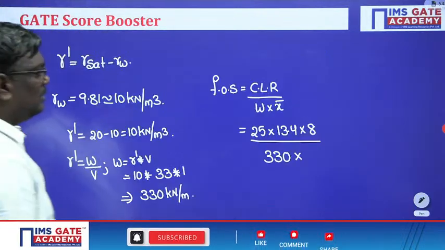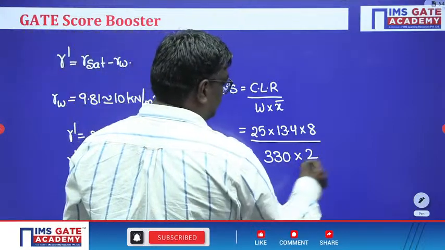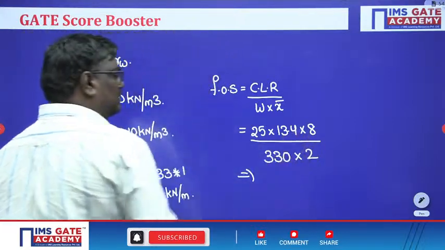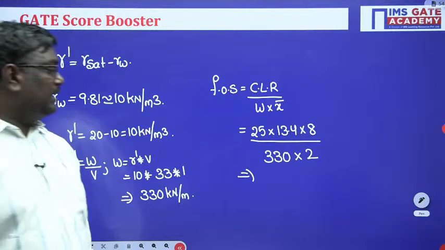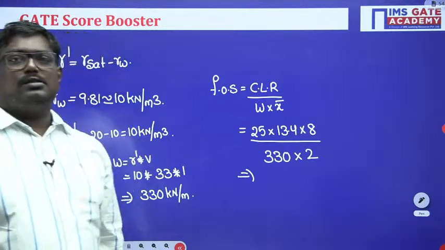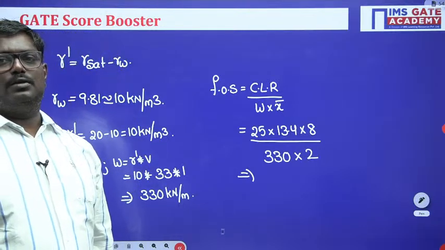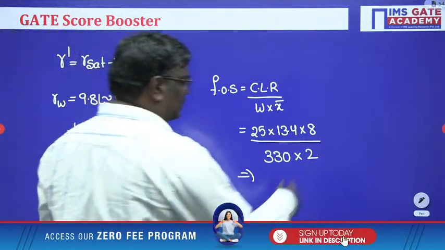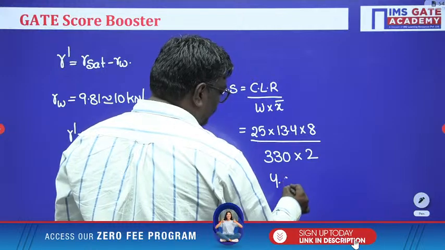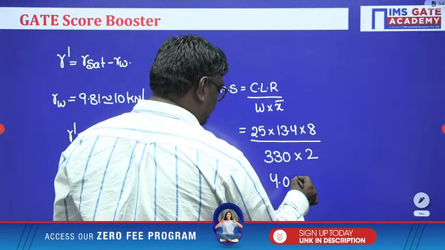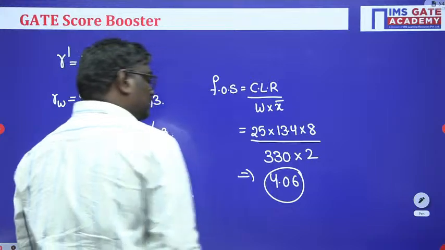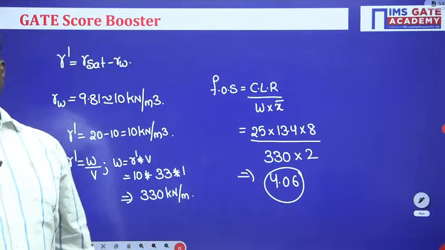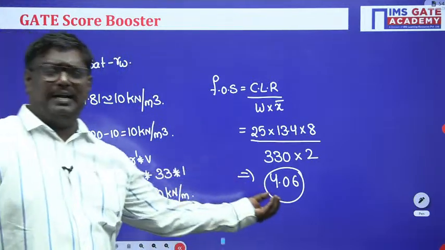So 2680 divided by 660. If you solve this, you will get around 4.03 or 4.06. The factor of safety is 4.06. If you compute exactly, you might get 4.03.